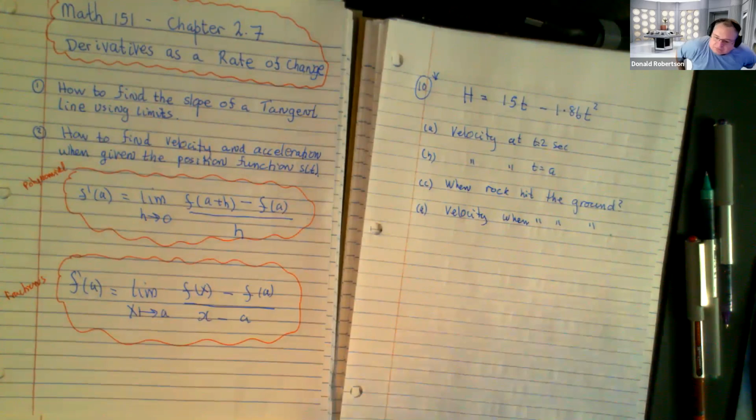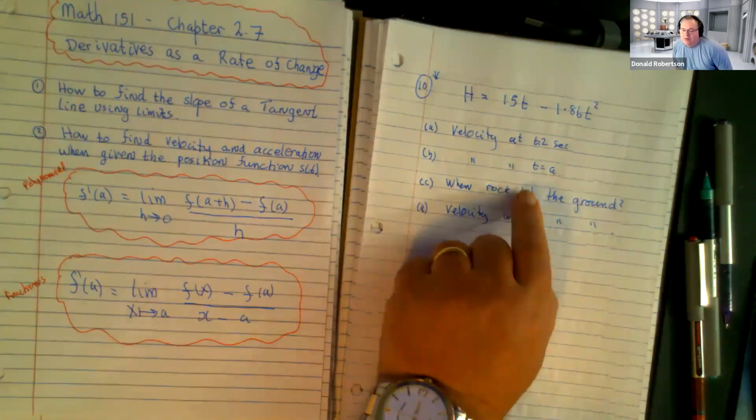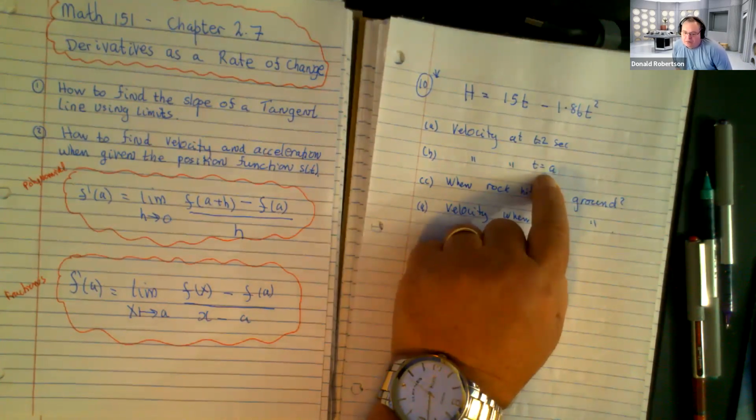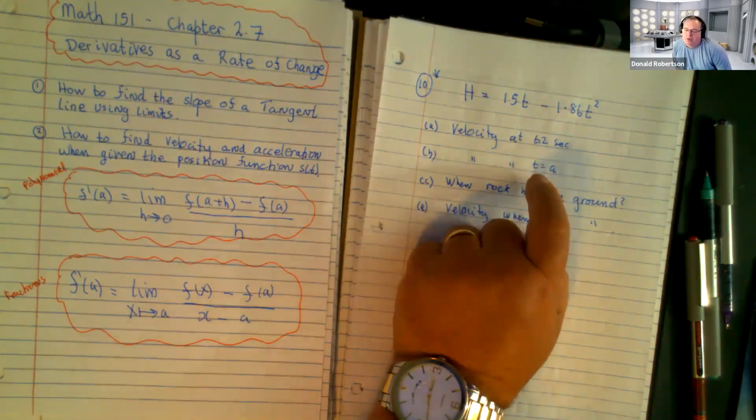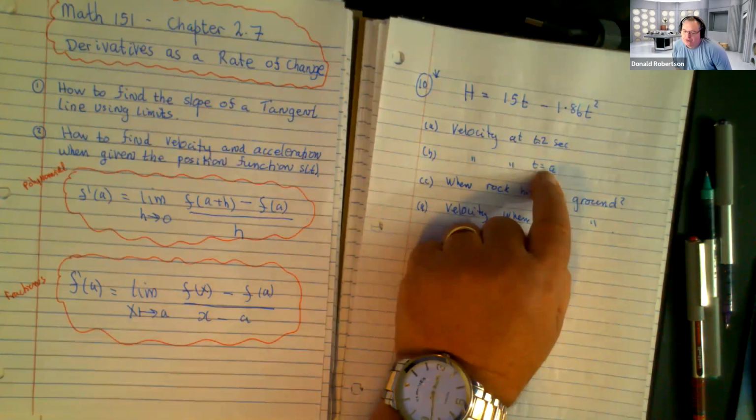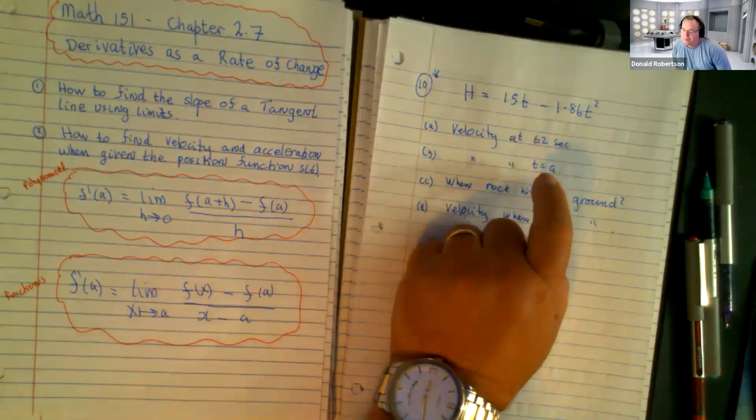Okay. Now I'm going to change the order in which we do these questions. They asked me to find the velocity at a general value t equals A, and they asked me to find the velocity at t equals 2. Do you see why I might do this one first before I do that one?